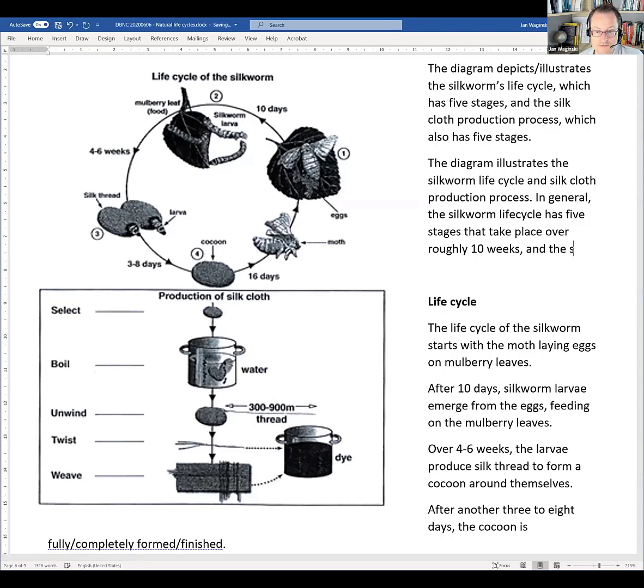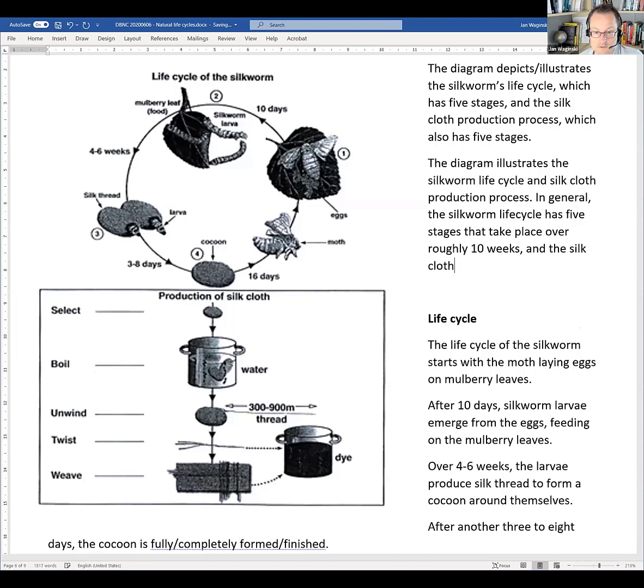And the silk cloth production. So, a synonym for take place: include.